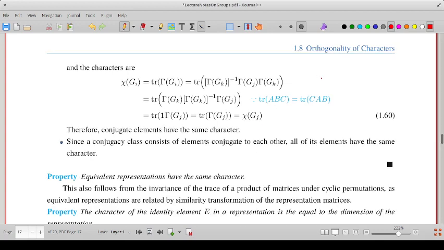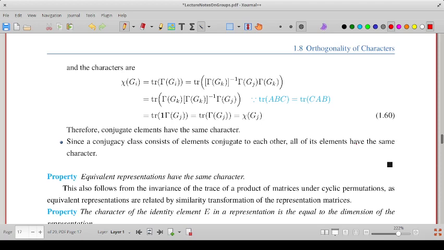So now we can think about conjugacy classes. A conjugacy class of a group is a collection of elements which are all conjugate to each other. Since they are all conjugate to each other, all elements in a class will have the same character. So a conjugacy class consists of elements conjugate to each other, and therefore all its elements have the same character.